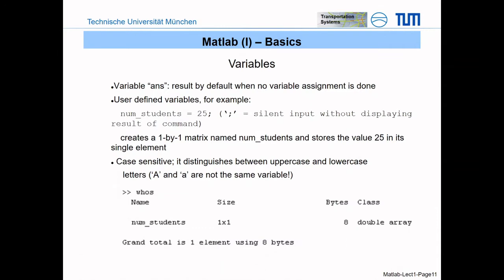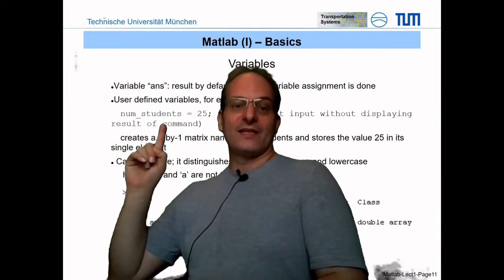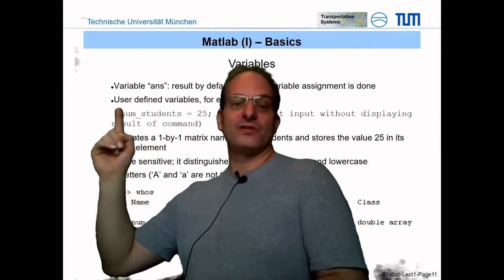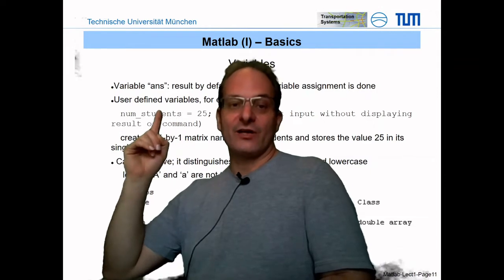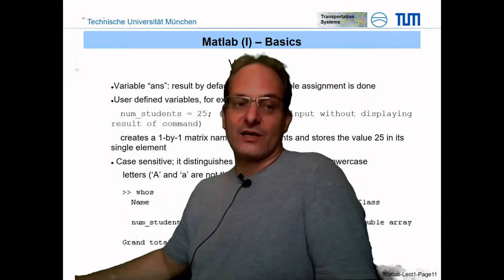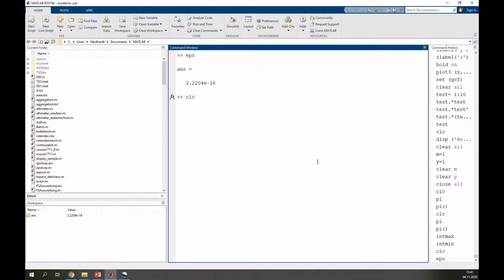It shows, for example, that the name is num students. So the name must be unique. It's the identifier, and then it's equal 25. So it's a scalar assignment. So we can directly do it here. So let's clean the screen again, CLC, you remember. And then we enter num students equal 25.